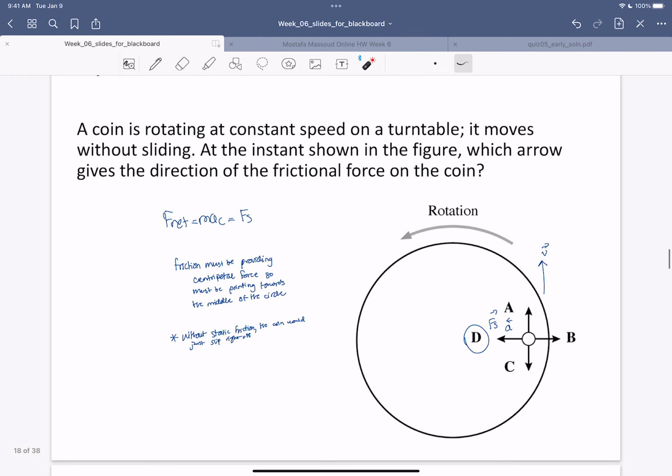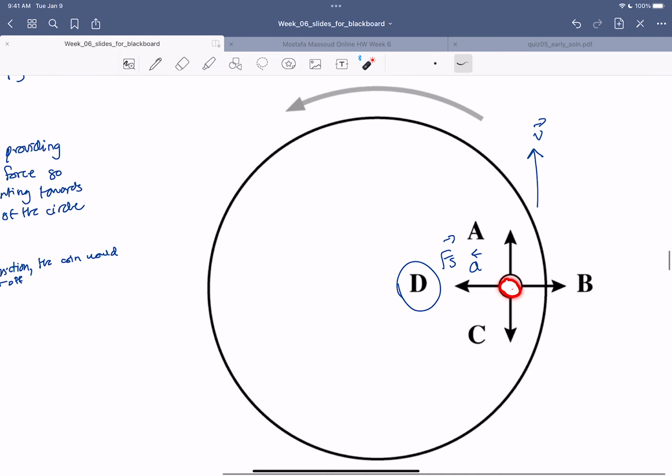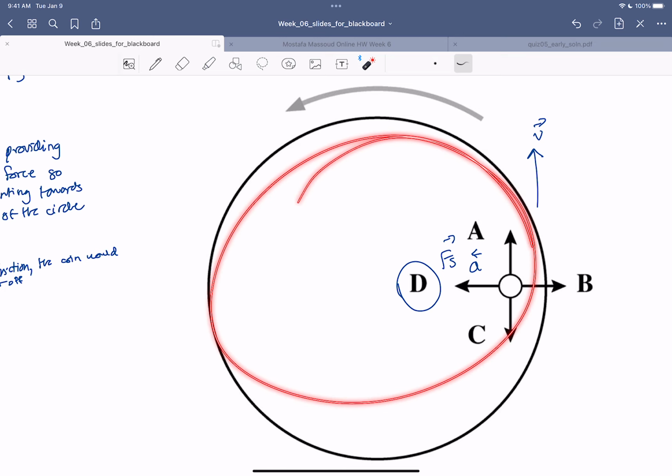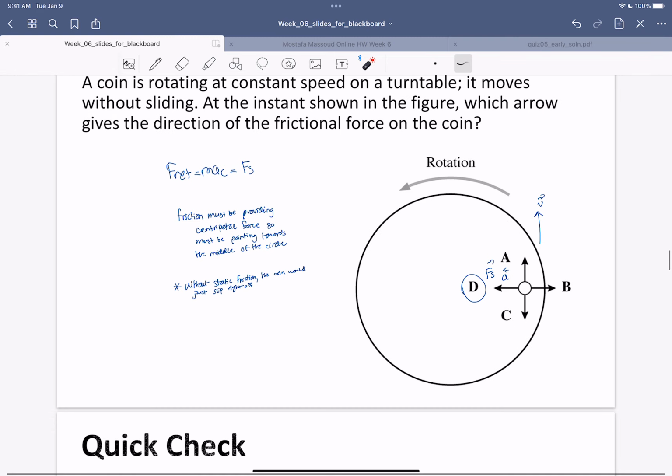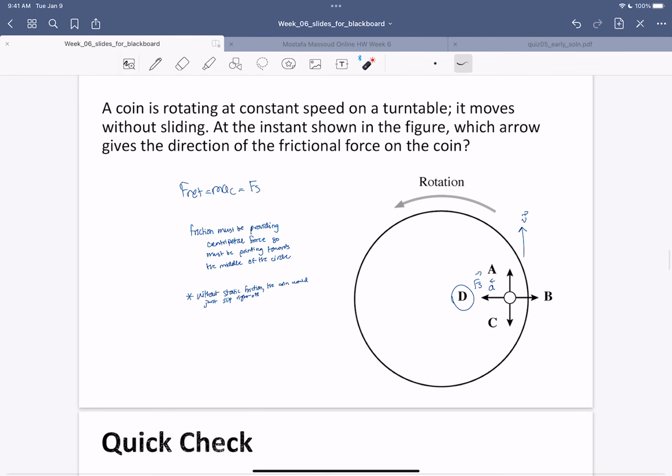If it's not sliding, then there has to be some force that prevents it from slipping, like if it's just sitting there, static, moving around, not sliding across the floor. Well, that force is static friction, because we can think about the static friction force as the force that prevents sliding or slipping.